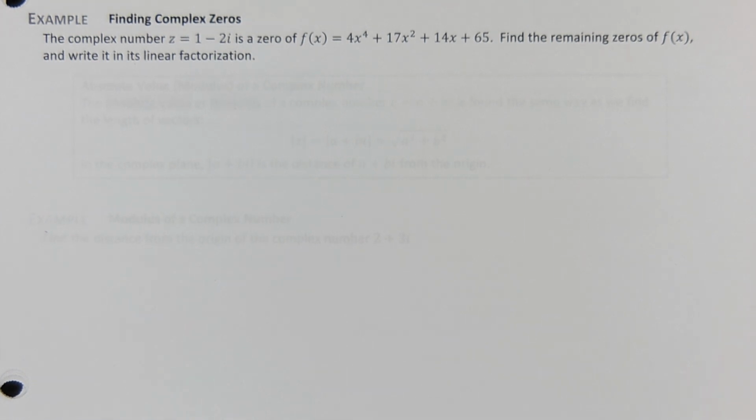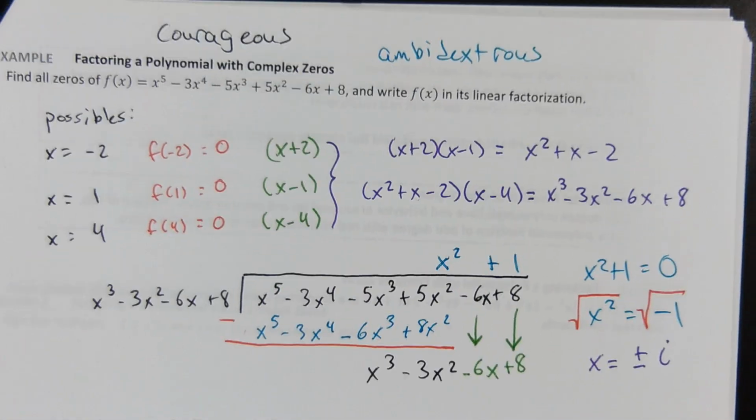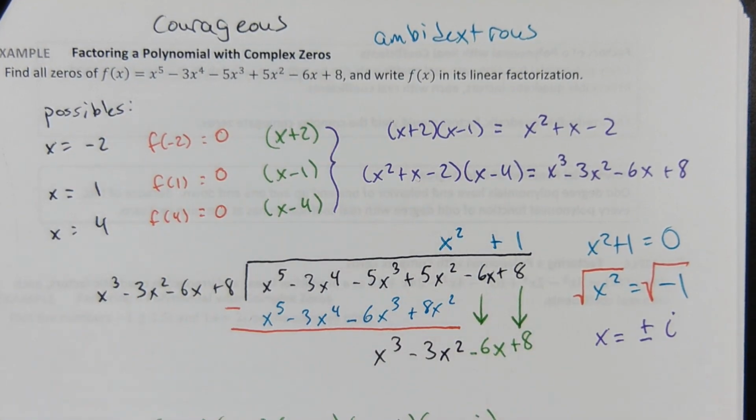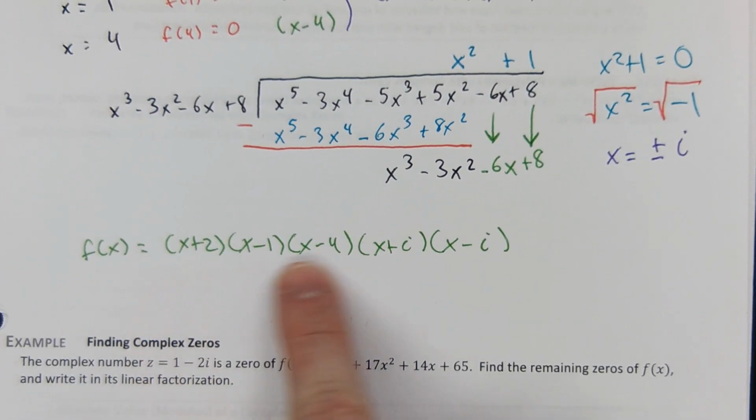All right, so for this question, yesterday we did something similar. We took this polynomial and we were supposed to find its linear factorization. That means find all of its solutions and write them all in an x minus some number setup. We got all the way down to here.